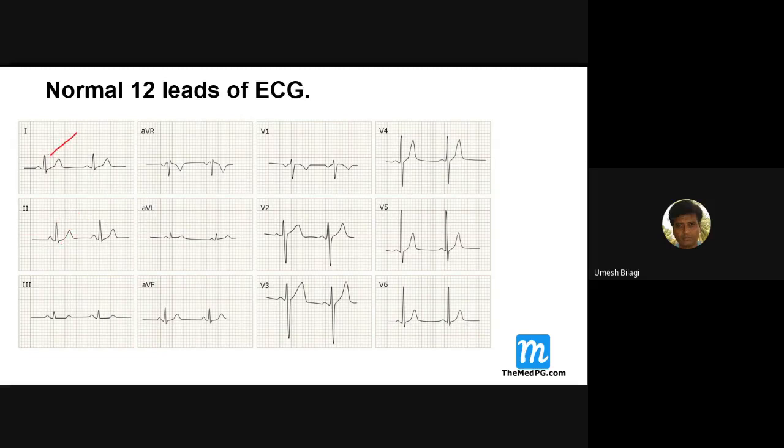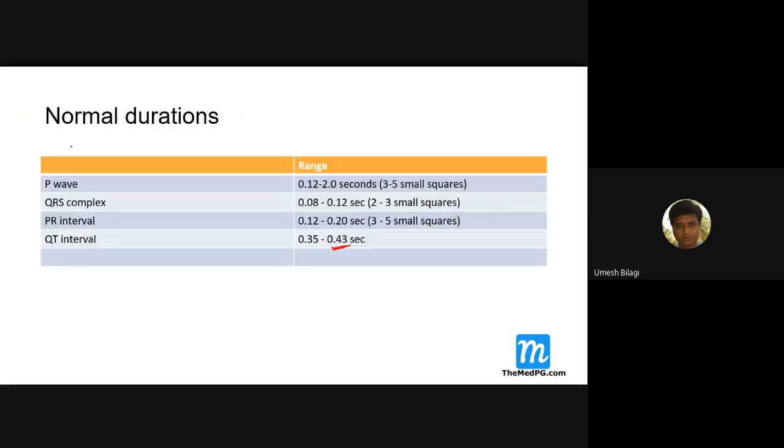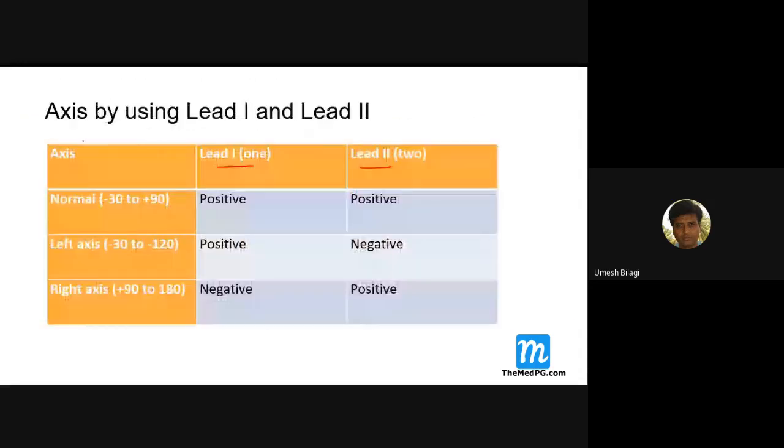If lead 1 and lead 2 both are positive, it is normal axis. That means the axis is between minus 30 and plus 90. If lead 1 is positive and lead 2 is negative, then it is left axis.